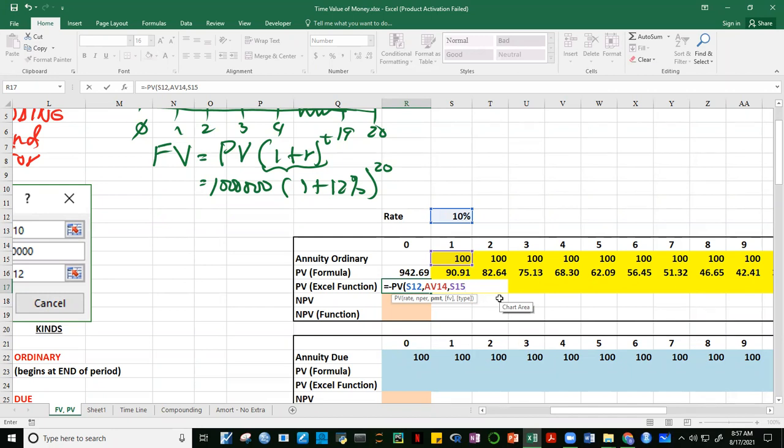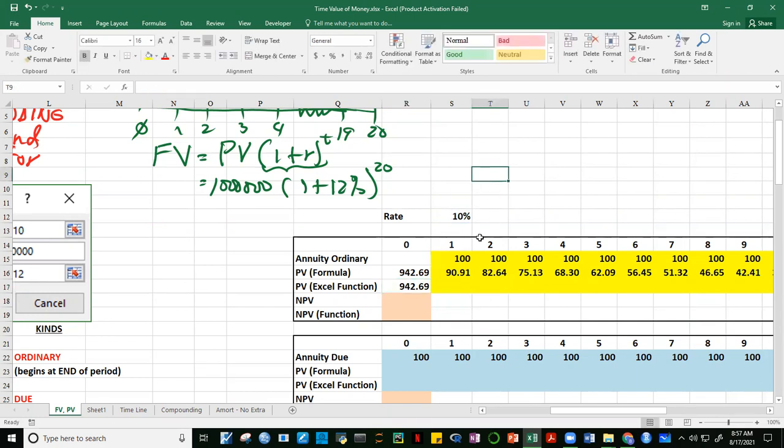Okay, so this will still be correct kasi pag wala tayong linagay, babasahin ni Excel yan as 0. Parehong 0 siya. So control enter. There. Okay. So we were able to get the present value using the PV formula, using the PMT itself, the value of your annuity, which is 100.